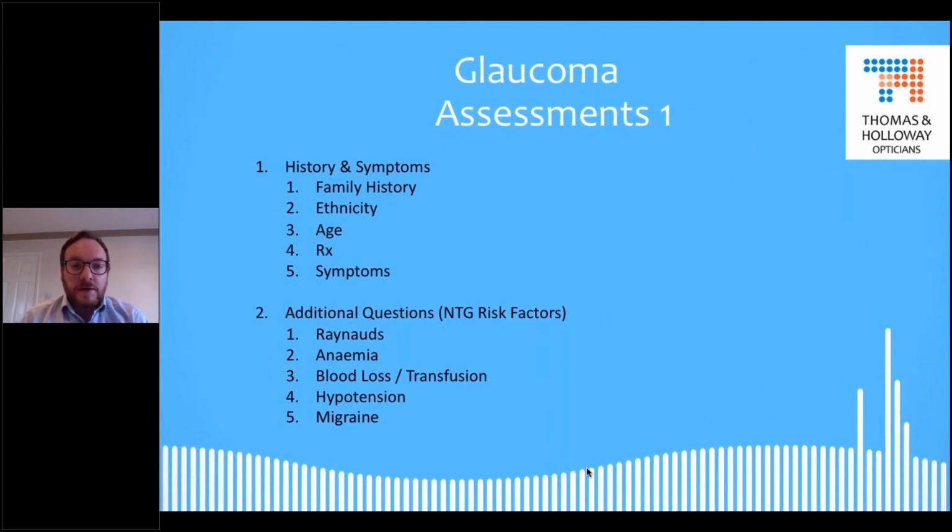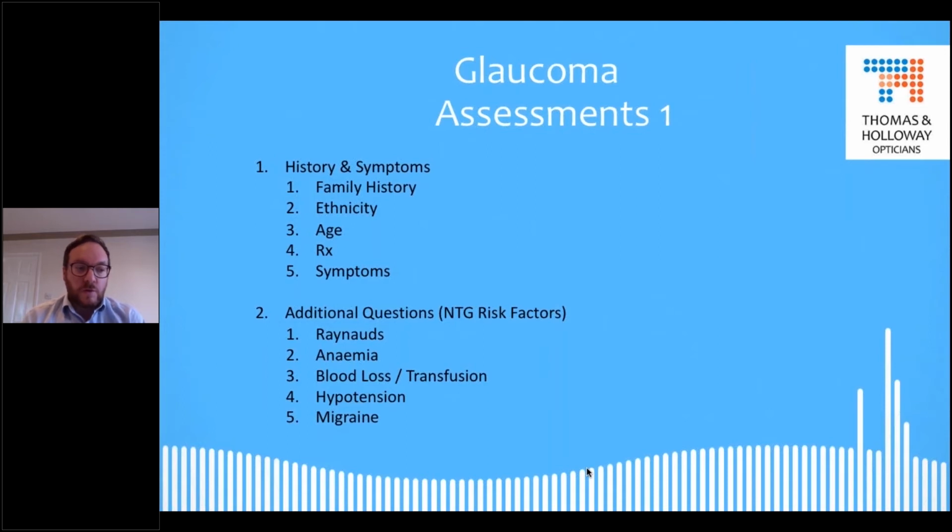When I did my professional certificate in glaucoma down in London, one of the things they were quite keen on was asking some additional questions, particularly if you have suspicions around glaucoma. Those additional questions relate to normal tension glaucoma, and they are whether the patient has a history of Raynaud's, which is basically peripheral coldness in the fingers and toes, anemia, a history of blood loss, transfusion, hypotension, or migraine.